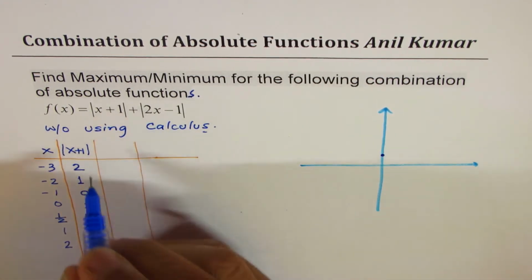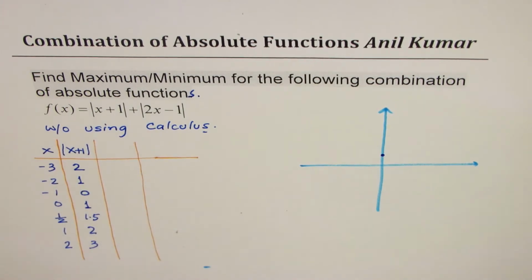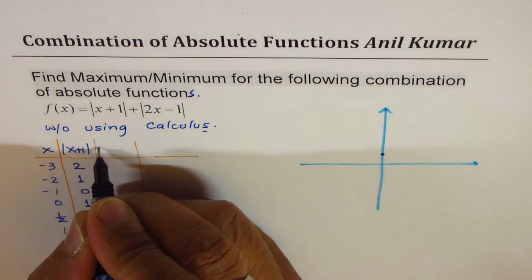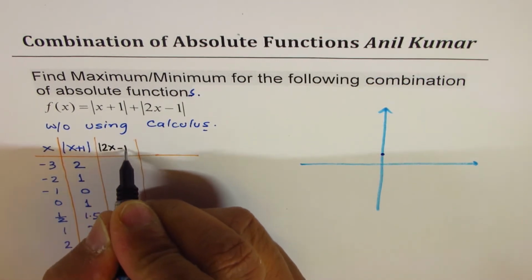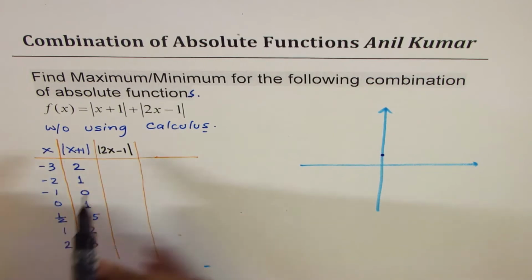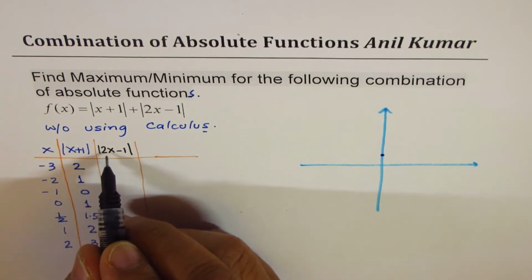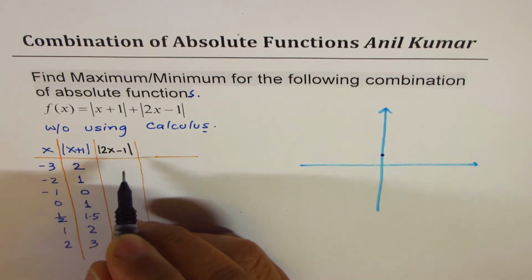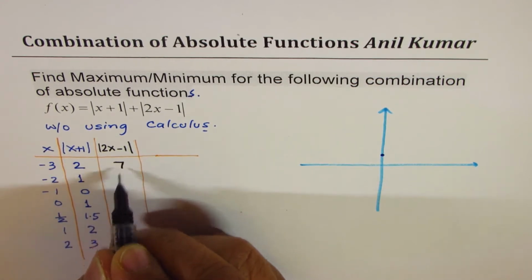Correct? Now let me write the values for |2x - 1|. If I plug in minus 3, it becomes minus 6, and minus 6 minus 1 is minus 7, which gives me 7.